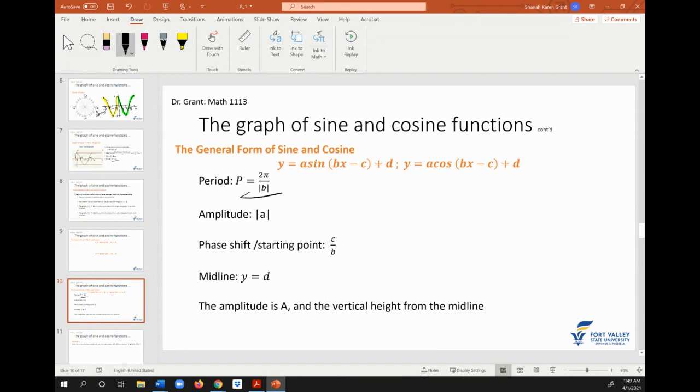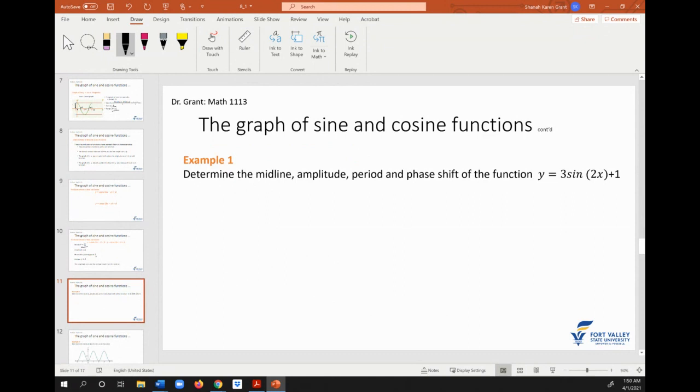Your phase shift, which describes your starting point or a horizontal shift, is going to be equal to c divided by b. And then your midline is y equals d.